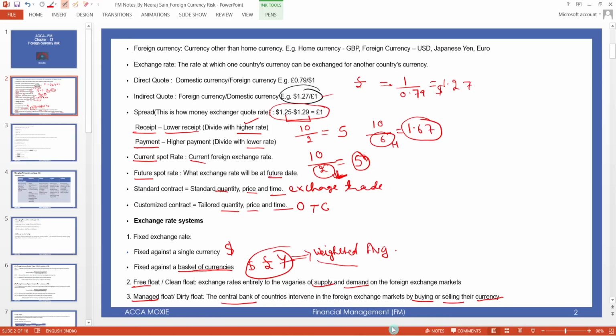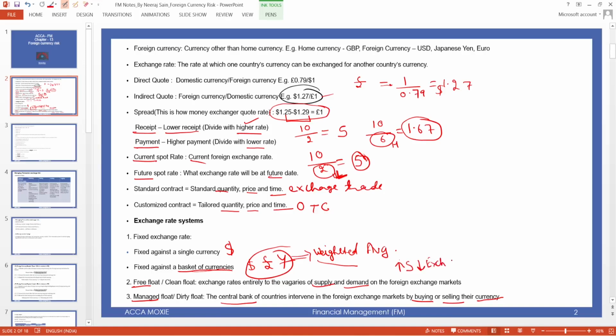So if you are in the market, if your domestic currency supply is very high, then it means the supply is higher than demand and the exchange rate will go down.